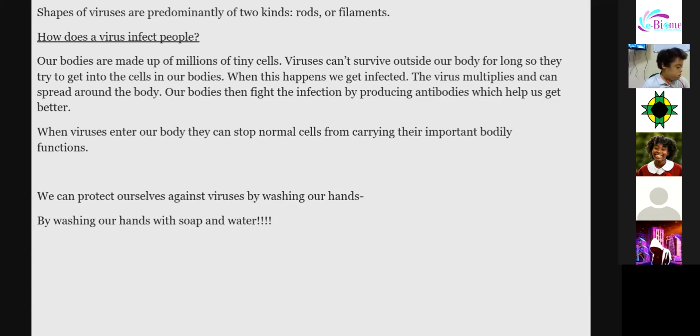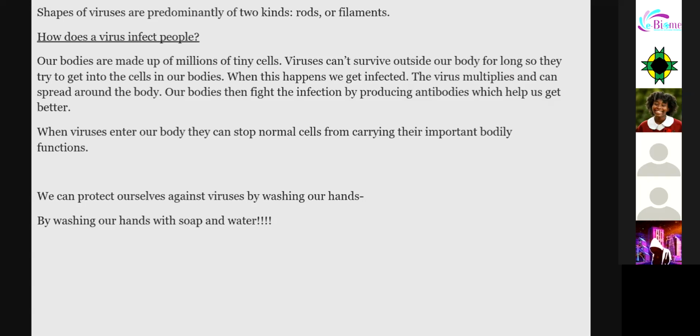Everyone understanding? Yes, sir. So when viruses enter our body, they can stop normal cells from carrying out their important bodily functions.